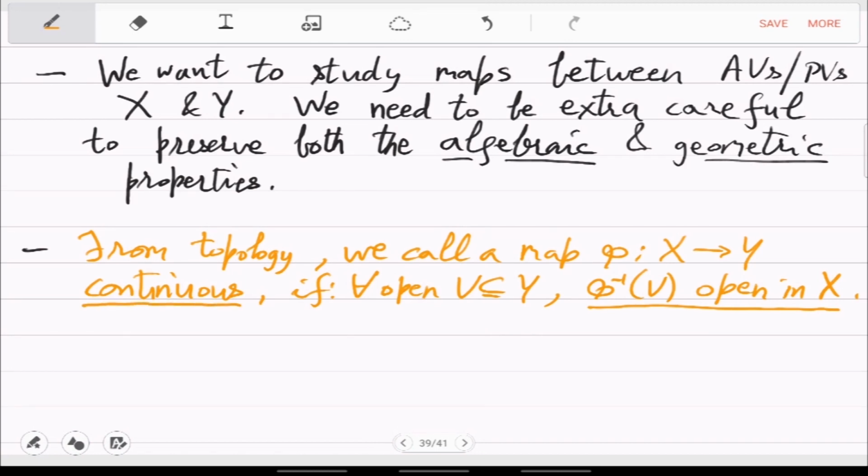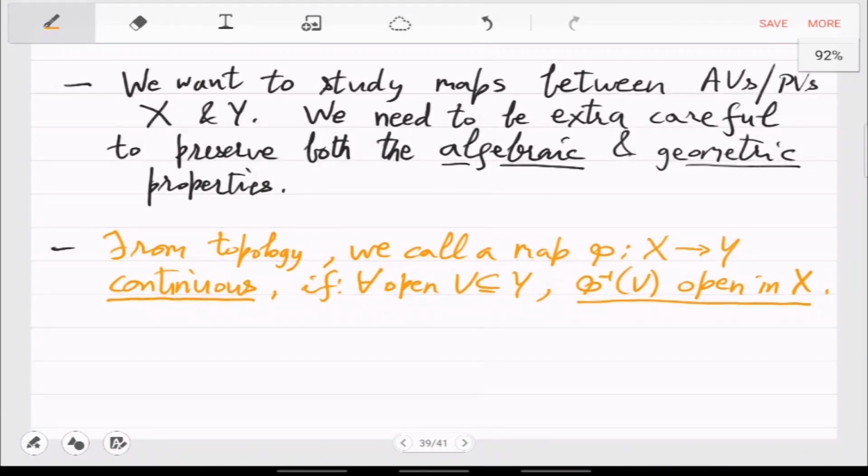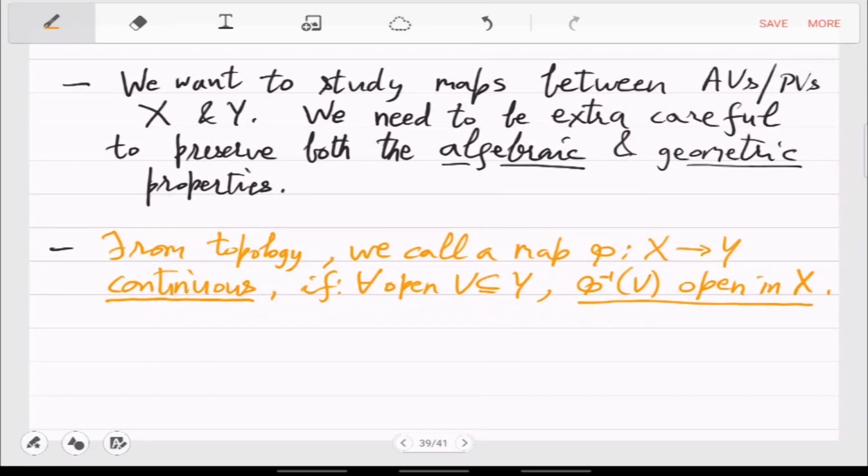Obviously, this is quite intuitive, and you can draw pictures when you are doing real analysis, which is you can do the following. So look at a map from reals to reals, removing 0, so that I can send x to 1 by x, and you can show that this map is continuous in the real world because of this picture.